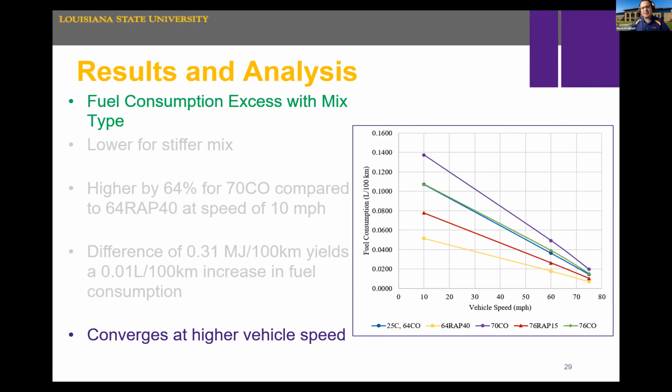Obviously, this is an added benefit of using RAP. One would think that RAP is reducing material consumption, but it also reduces fuel consumption. But generally speaking, as I said, the effect of the mix and pavement type as compared to the overall truck is not as big as you may think. So it's not a very big factor.